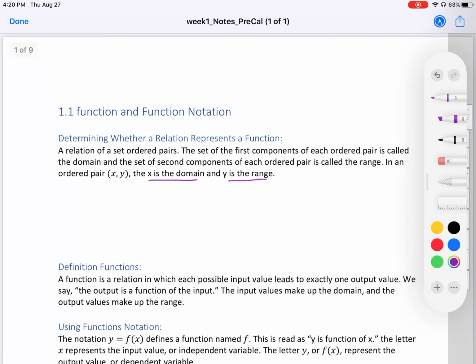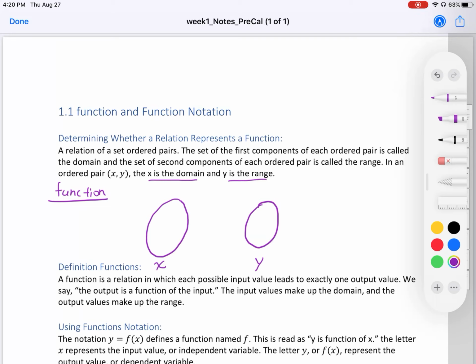Now, a function. Let me tell you the relationship of a function with an example. In a function, it represents a special relationship between your x's and your y's. So let's do this by example. Let's say this first circle represents your x's and the second circle represents your y's.